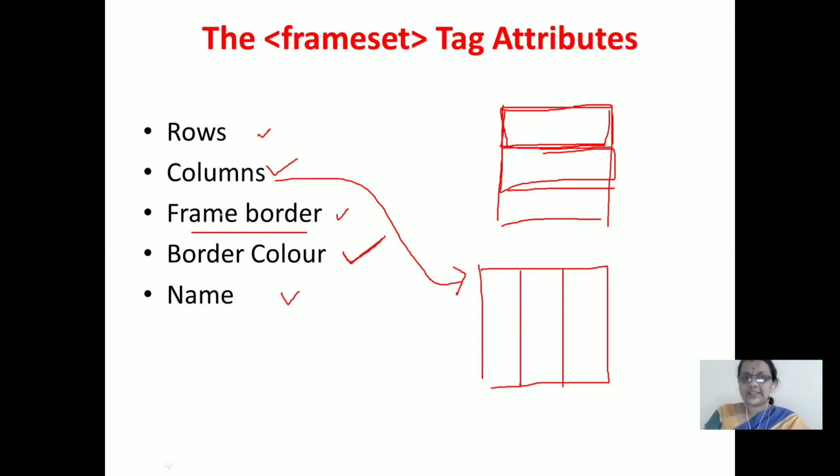One more thing: the next attribute is the name attribute. It is just for naming. So the first frame I can name as A, or the second frame as B. So the main important frameset attributes are rows, columns, frame border, border color and name. Then we will see them one by one.